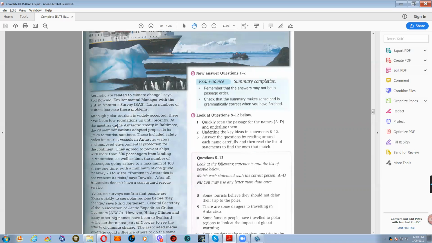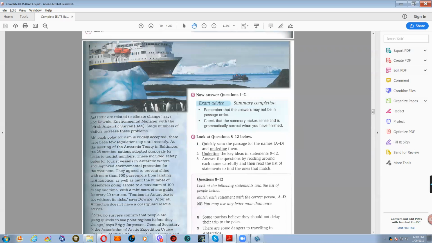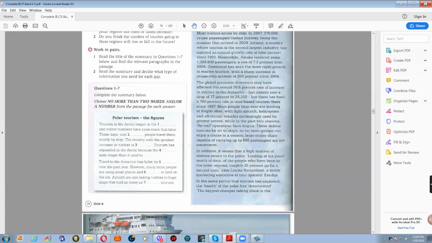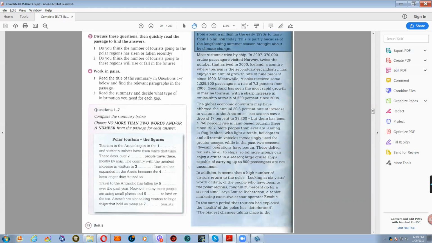They are only allowed certain numbers, it says here. Increase in the Arctic, I think. Antarctic will stay stable.